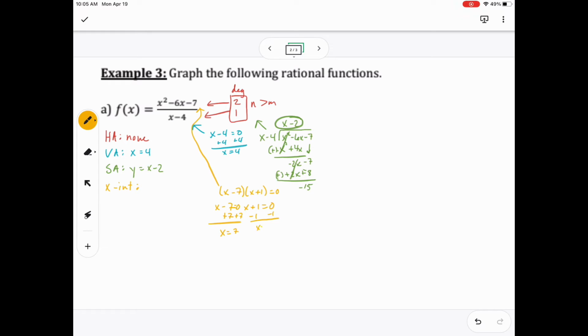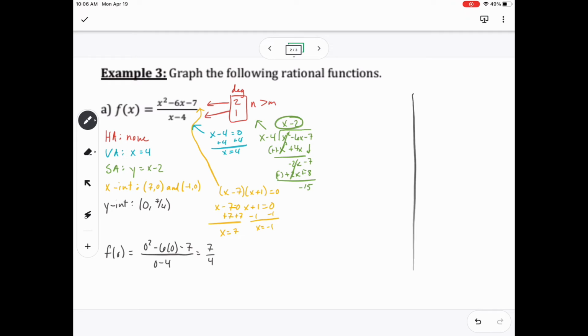So then I have my x-intercepts of (7, 0) and (negative 1, 0). Then for the y-intercept, we'll do the same thing we've always been doing. We'll plug in 0 for x and see what value we get. It looks like I'll get negative 7 divided by negative 4, which is just 7/4, or you could write 1.75 if you like.